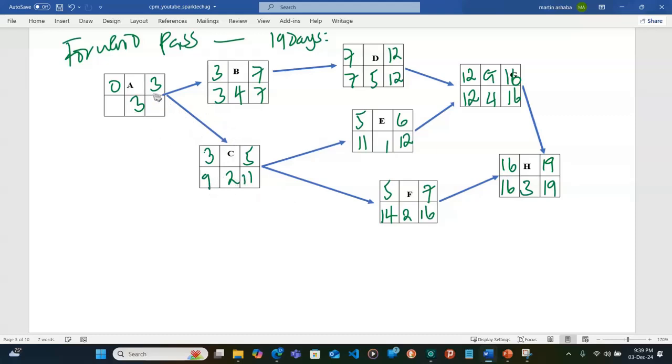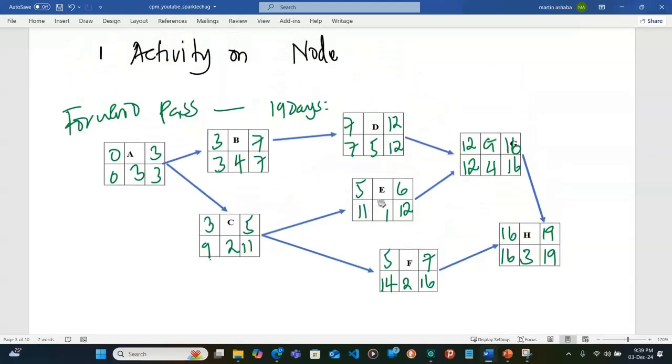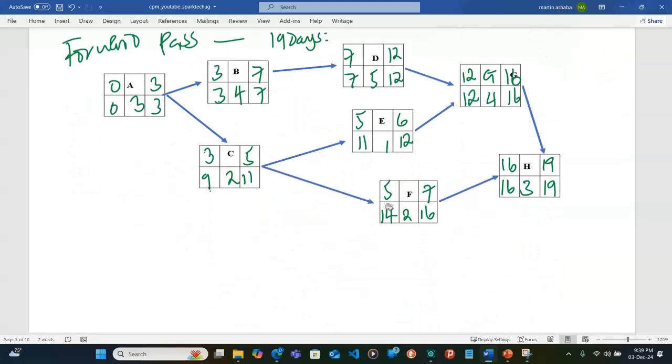Then remember A gives rise to B and C, so its finish time must be the minimum of the 3 and the 9. We take 3 here, and this becomes 0. So that marks the end of the backward pass.